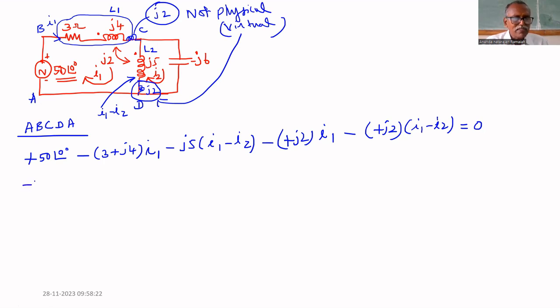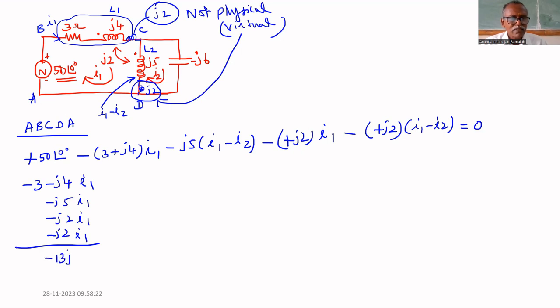Now let us write minus 3 minus j4 I1, minus j5 I1, here minus j2 I1, here minus j2 I1. If you add all this together, we get minus 3 minus j13 I1.